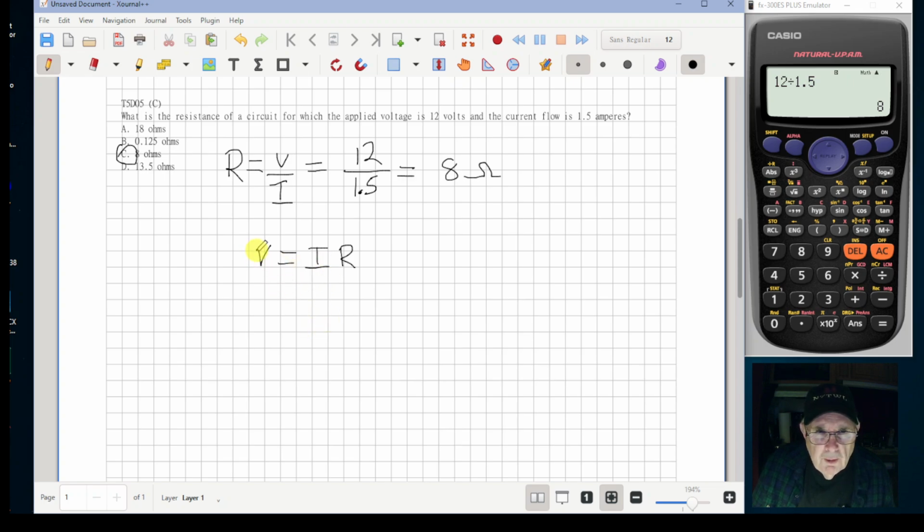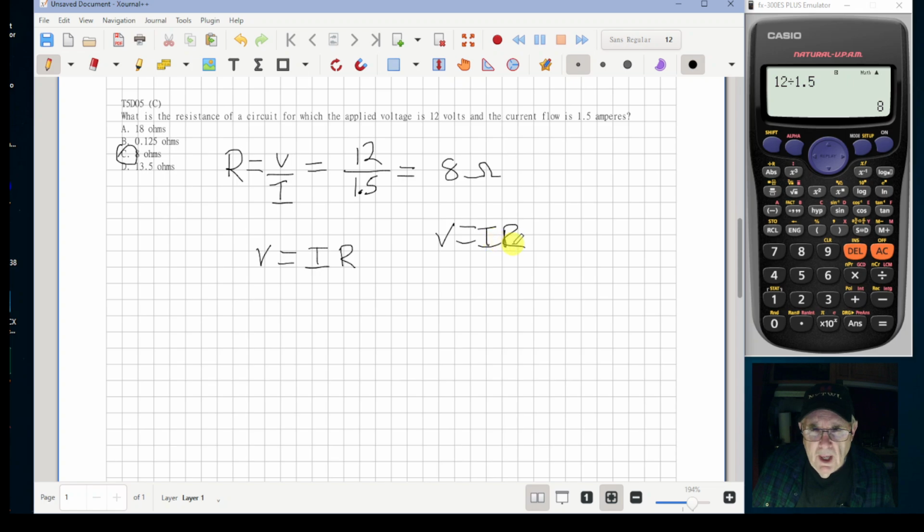This one is solved for V, so I want to get the one for resistance. We already know what that is, but let's solve it. So V equals IR. I want R by itself.